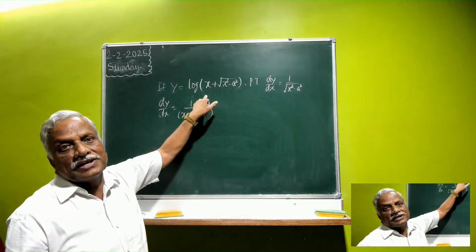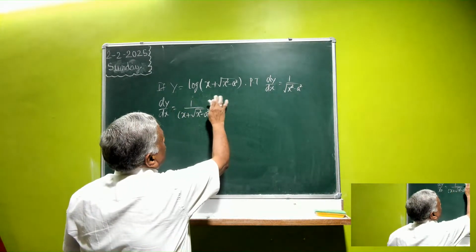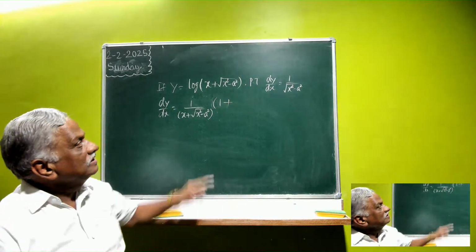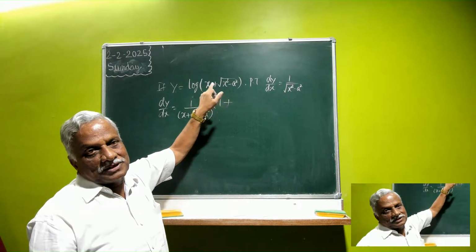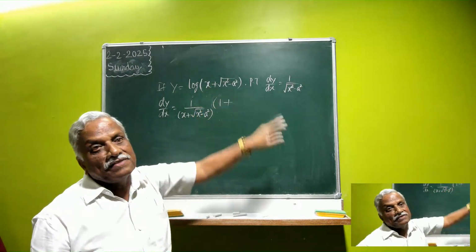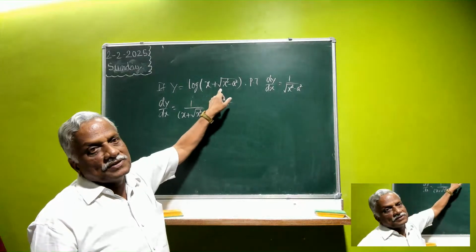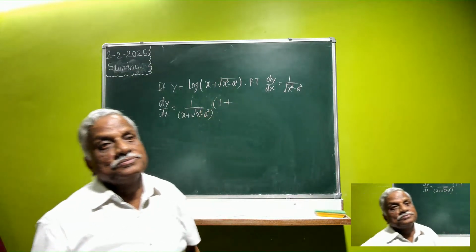Then you need to differentiate x. X is 1. That is not difficult. Here, the first obstacle is the root. So first you have to remove the root, then only enter inside. Open the lock and then enter inside, like that. It is something like root u.